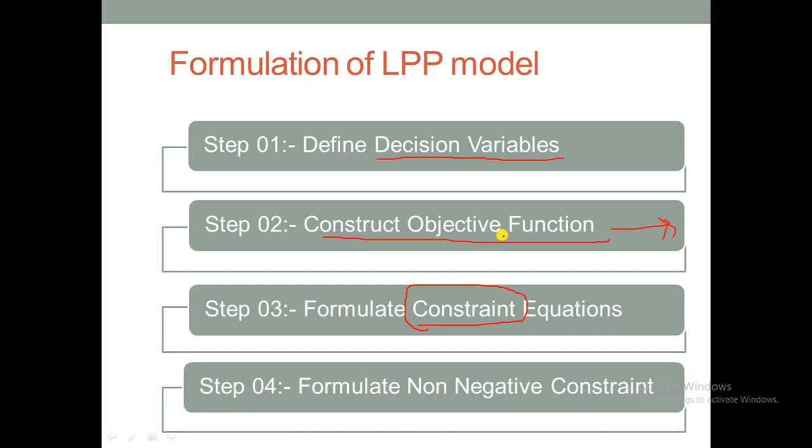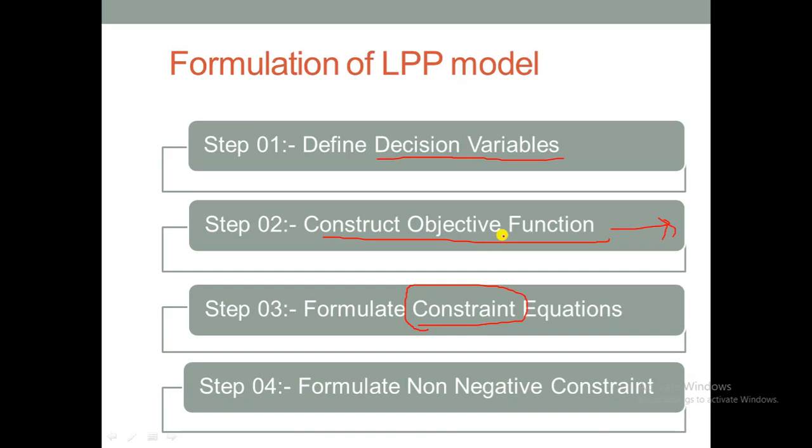The limitations may be the environmental conditions, the financial constraints, the labor constraints, or the time constraint. Such constraints are going to limit the objective function.